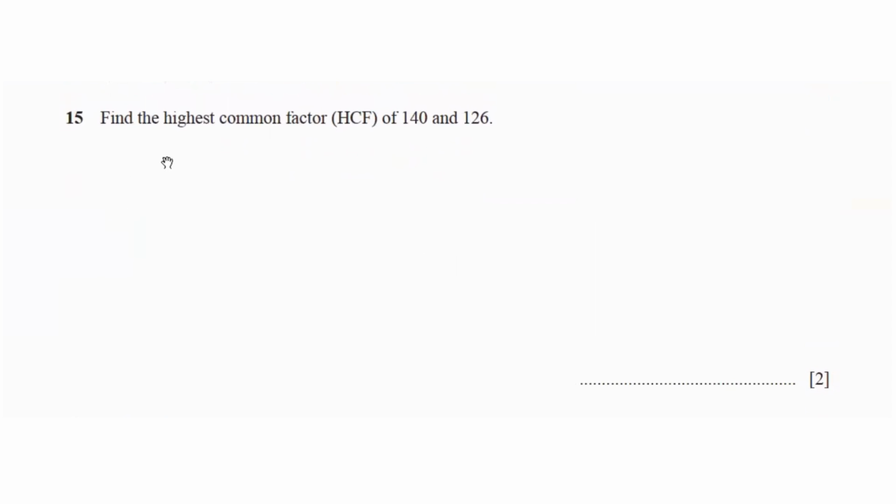Question 15 says, find the highest common factor of 140 and 126. If we prime factorize it, 140 is 14 times 10, which is 7 times 2 and 2 times 5.